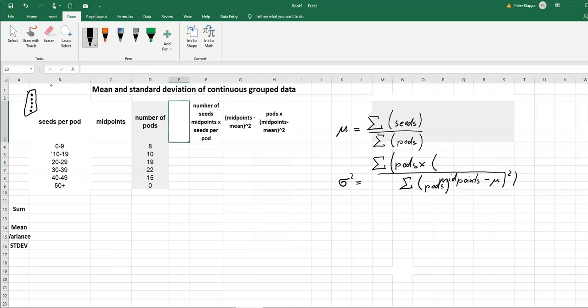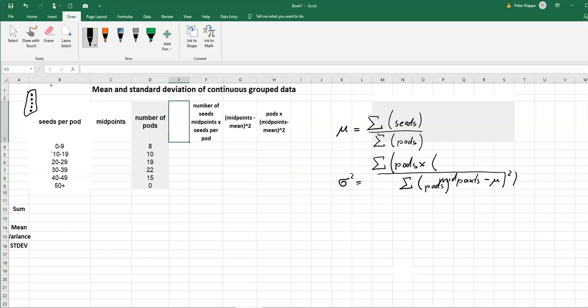And we want to know how many seeds are there on average per pod. So we take a number of pods and analyze them, and just for simplicity, put the number of seeds into these categories. So, for example, the category of 0 to 9 seeds per pod, and we find that we've got 8 pods that fall into this category, 10 pods that fall into the category between 10 and 19, and so on and so forth.